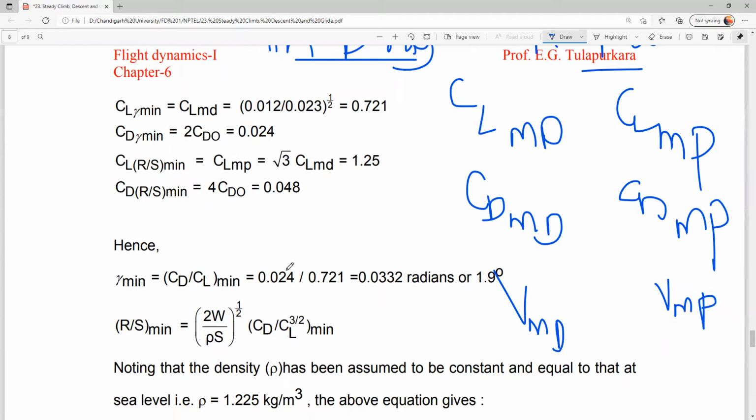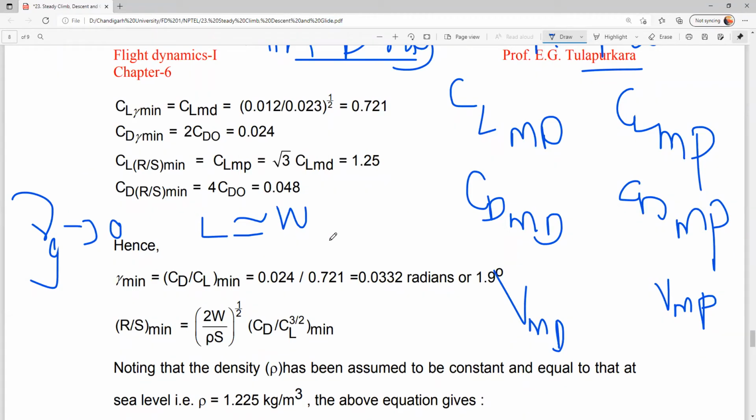Okay, so let's consider we are gliding with a small angle of glide. That means the angle of glide tends to 0, which means lift is approximately equal to the weight of the aircraft.